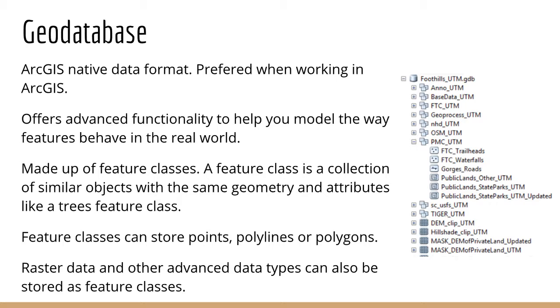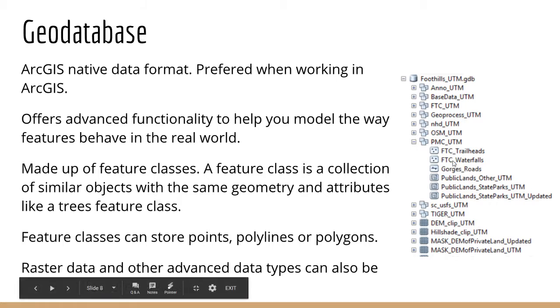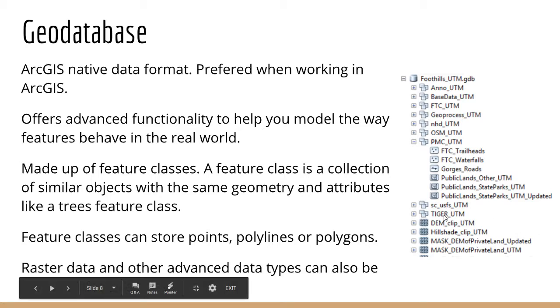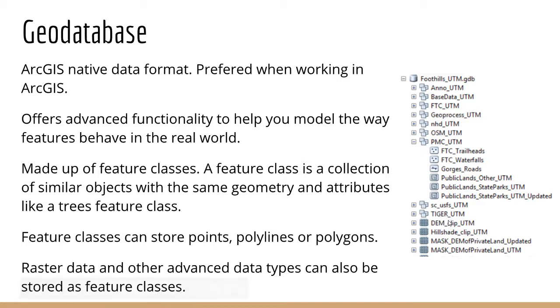So the feature classes are the building blocks of a geodatabase. You can organize your feature classes into a feature data set. This is an example of a map I worked on of the Foothills Trail in upstate South Carolina, and it's got a bunch of data organized in feature data sets based on where I got the data. You can see I've got some data from the census called TIGER. That's Topologically Integrated Geographic Encoding and Referencing system is what TIGER stands for.